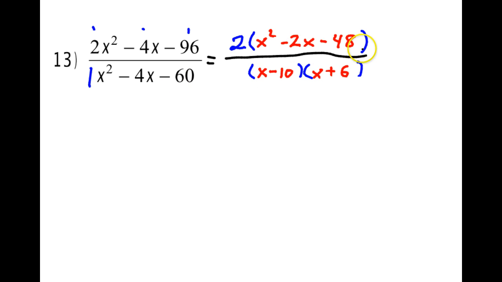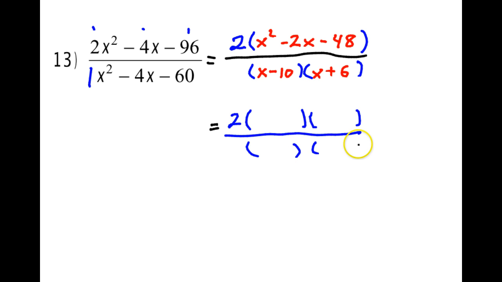So as you're factoring the top, look for either an x minus 10, which doesn't look like it because 10 doesn't go into 48, but you should probably count on an x plus 10 being a factor up here. So we have x minus 10, x plus 6.